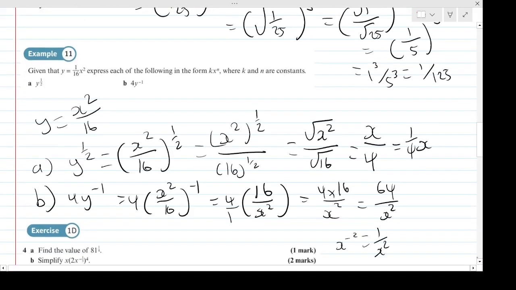So we just take the reciprocal of x squared, okay? And so we can simply say this is 64x to the minus 2. Okay. And now I have it exactly in this form with no fractions or anything like that. Okay.